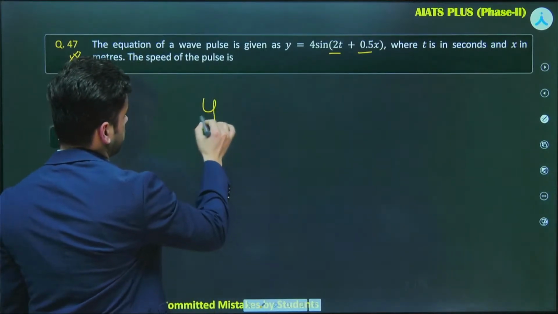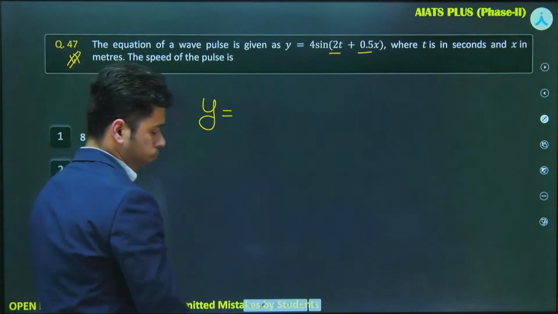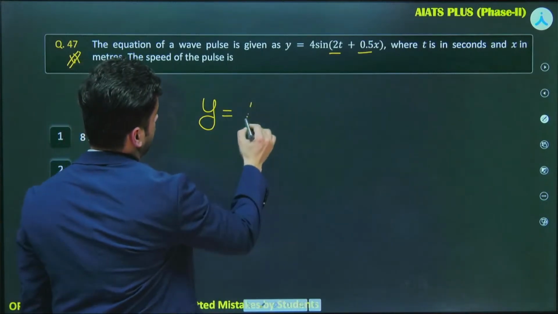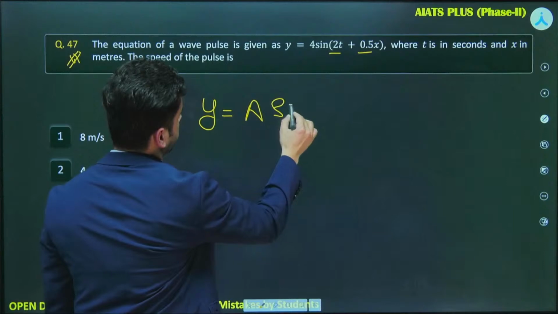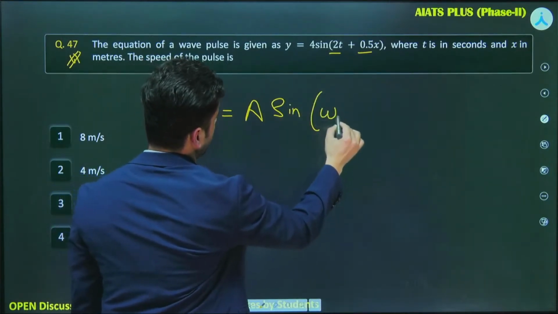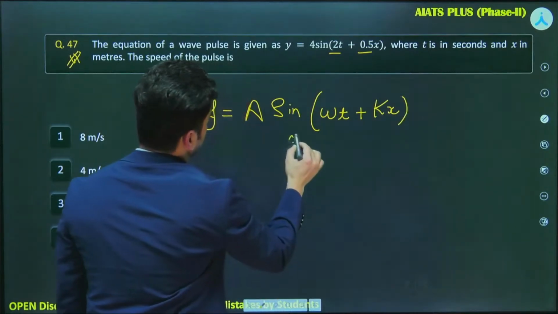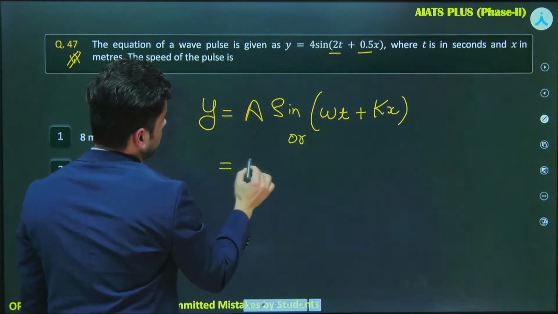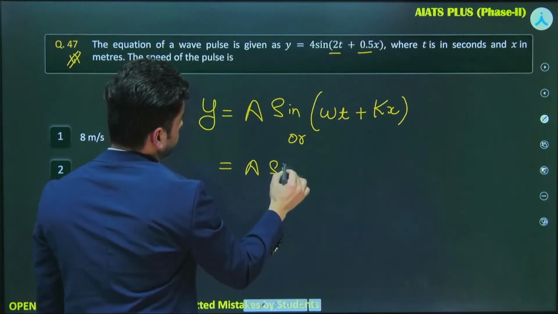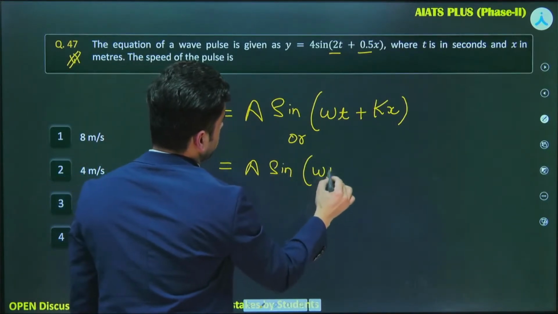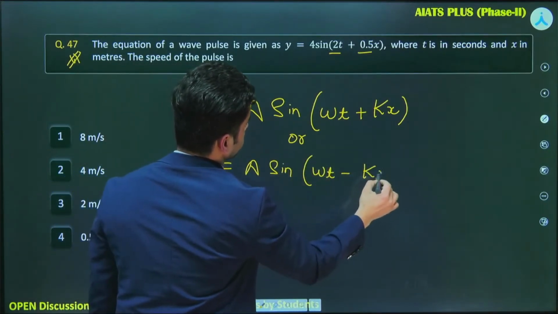If this is the equation of the wave, a transverse traveling wave, I can write the general equation as y equal to a sine (omega t plus kx), or I can write the equation as a sine (omega t minus kx).